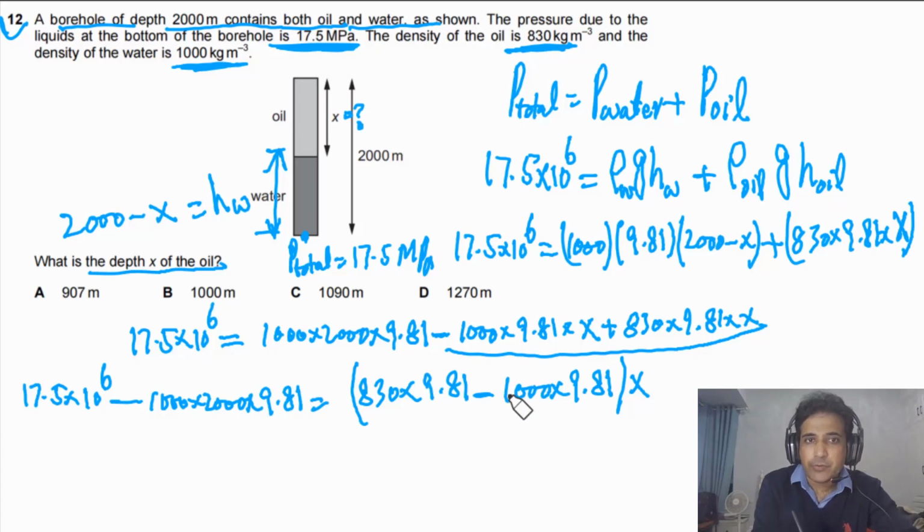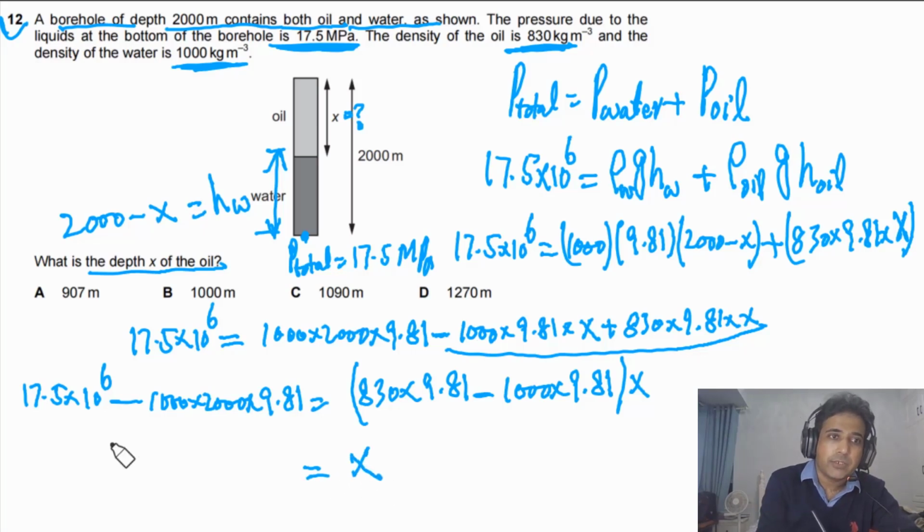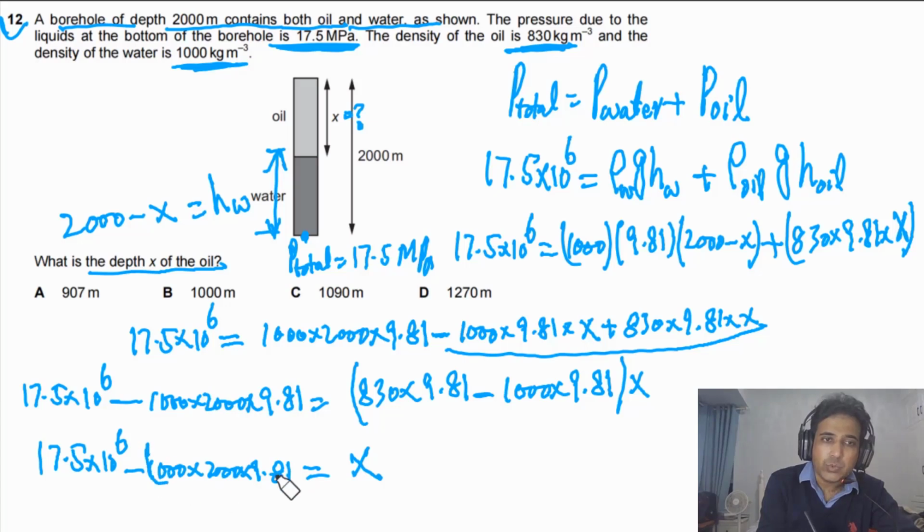I hope you can see that as 1000 is greater, we will get a negative here, and also a negative here, so the negatives will cancel. So x will be equal to 17.5 times 10 to 6 minus 1000 multiplied by 2000 multiplied by 9.81, you can use brackets here, and this whole is divided by 830 times 9.81 minus 1000 times 9.81.